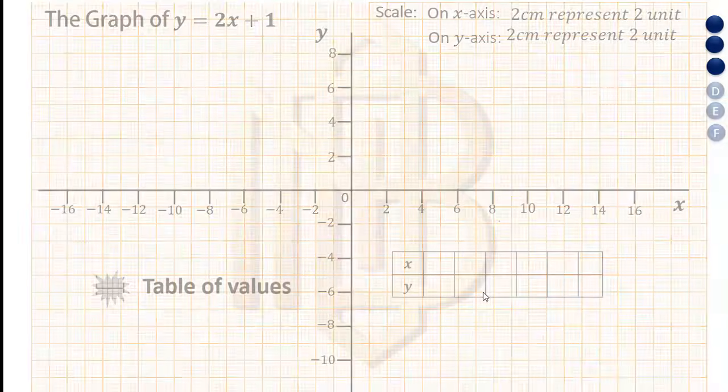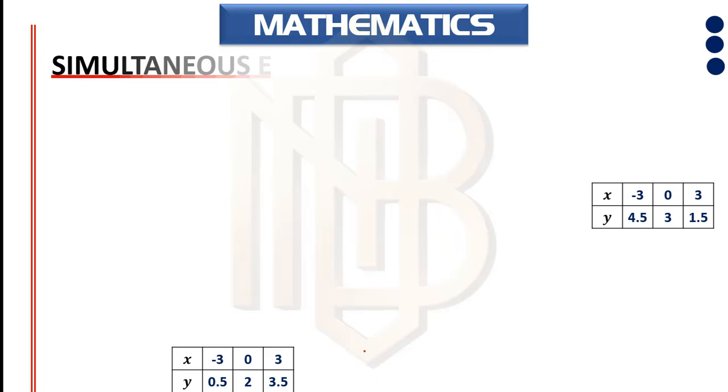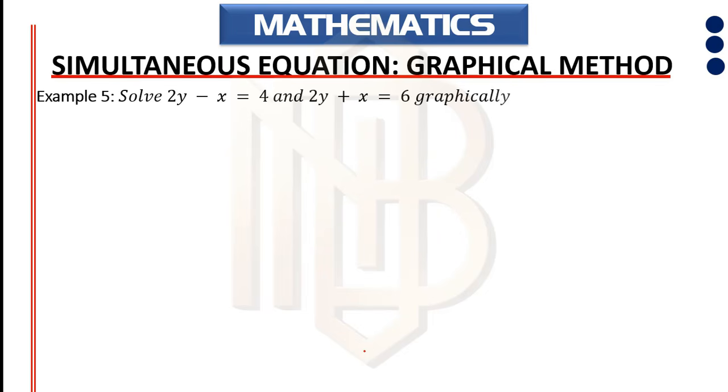The values you're going to have there will be the coordinates that you're going to be plotting in your graph book. Now, let's take a look at a good question here. We want to use a graphical method to solve this simultaneous equation.